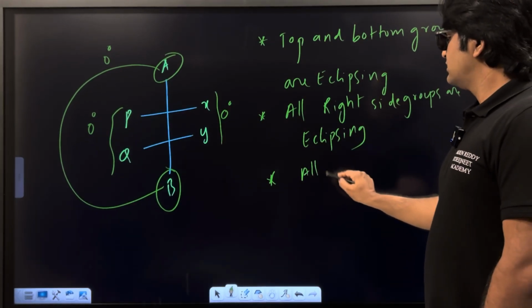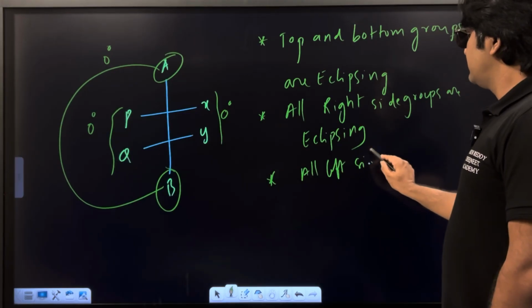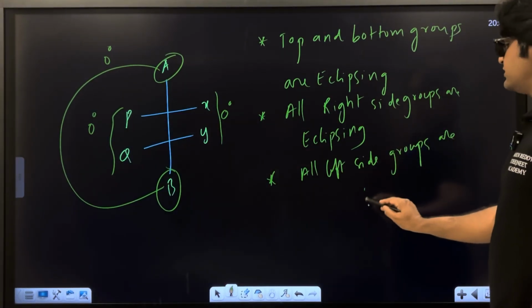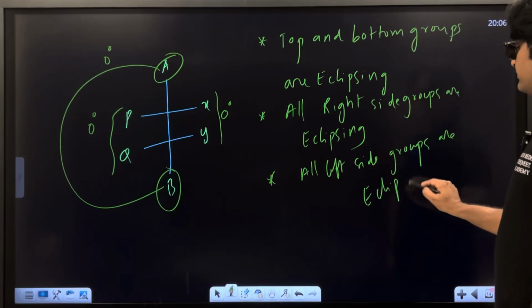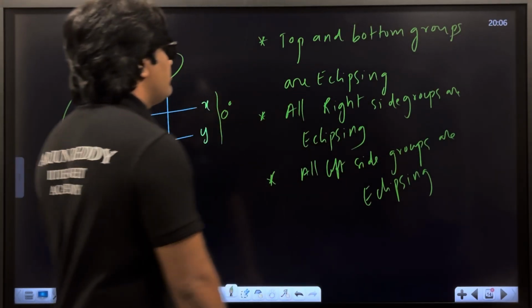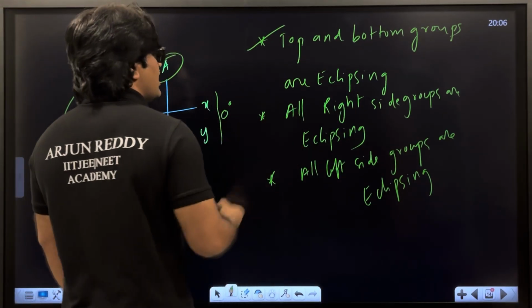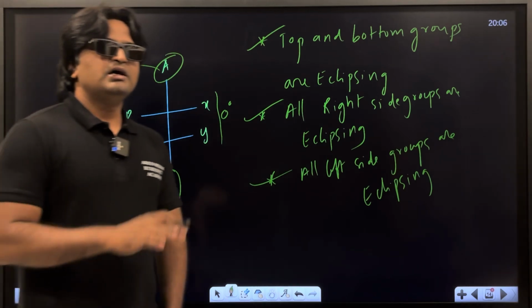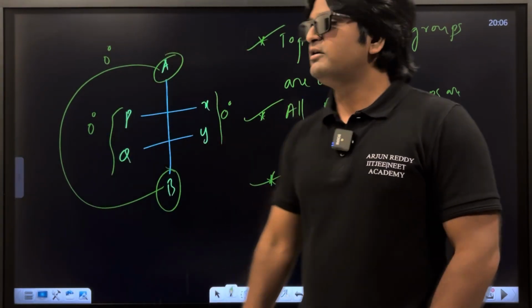Next, all left side groups are eclipsing. These are the three important points. Top and bottom groups are eclipsing. All right side groups are eclipsing. All left side groups are eclipsing. These are the theoretical manipulations given by Fisher.